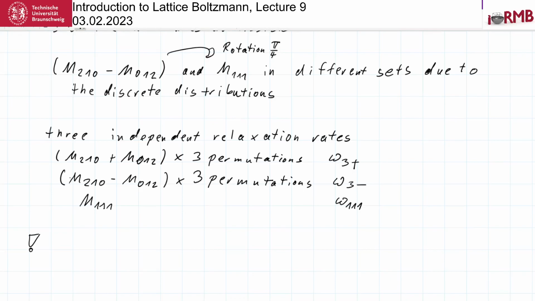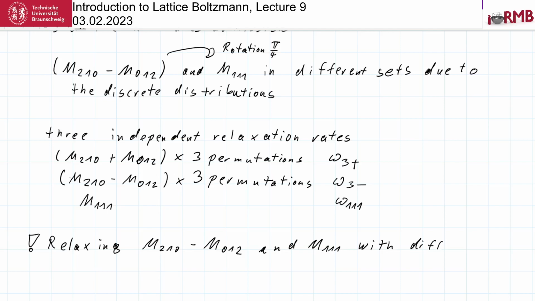So what is the magic here? Relaxing M210 minus M012 and M111 with different rates would make the physics anisotropic.